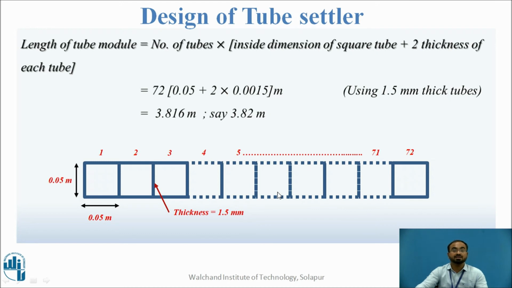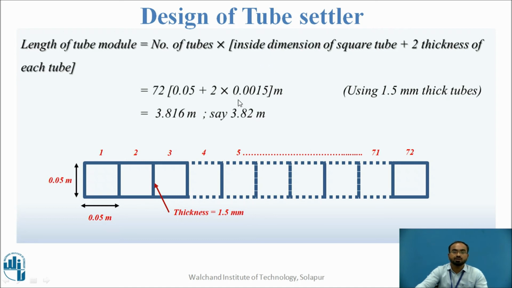Now I have to calculate the total length of the tube arrangement or tube settler arrangement or tube module. To do that, I will multiply the number of tubes by the inside dimension of the square tube plus 2 times the thickness of each tube, that is 72 in bracket 0.05 plus 2 into 0.0015.